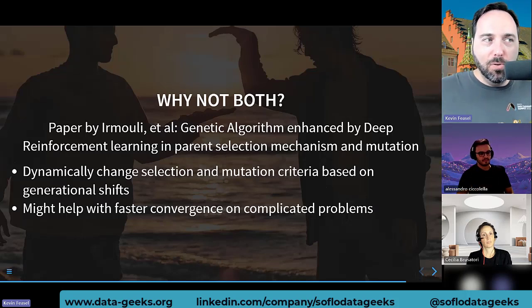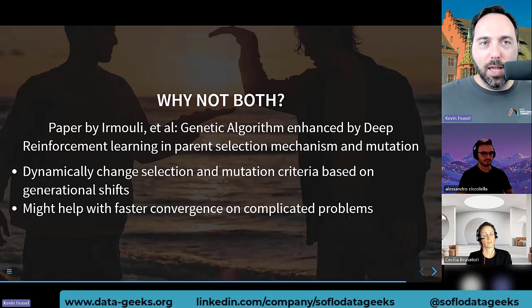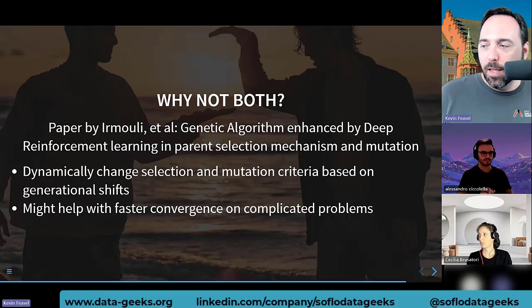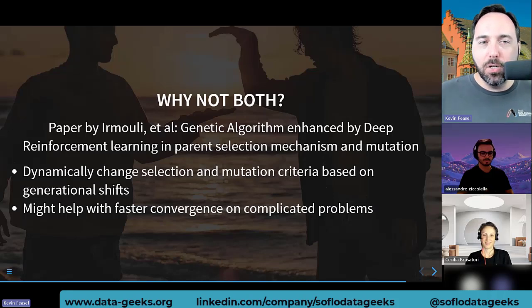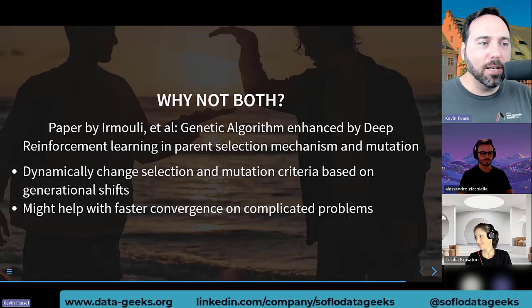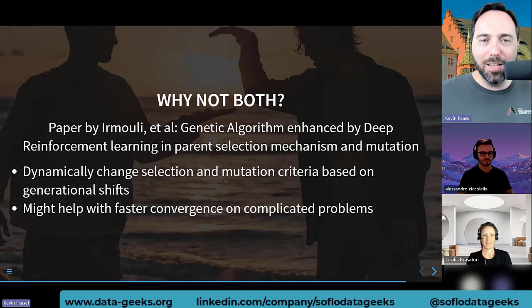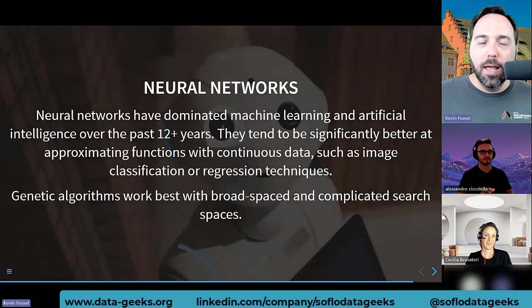We could use reinforcement learning to narrow down the sets of parents that we're choosing more quickly than fate. So we could get faster convergence on more complicated problems. It's a nice way of trying to combine two similar but a little bit different techniques.